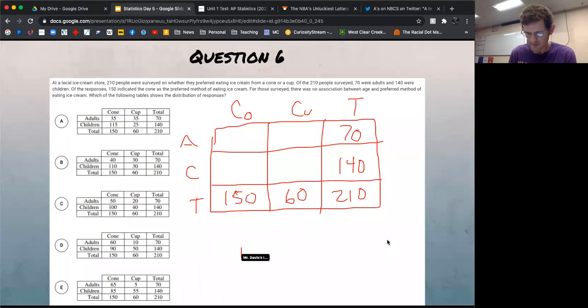150 out of 210, well, if I simplify that down, that's going to be 5/8 of the data, right? No. 5/7? No, I cannot do my math right now. I'm trying to simplify. So that's going to be 5/7.